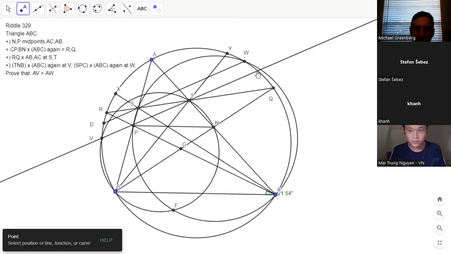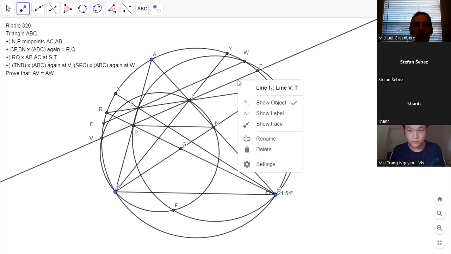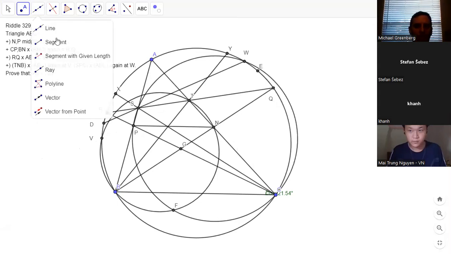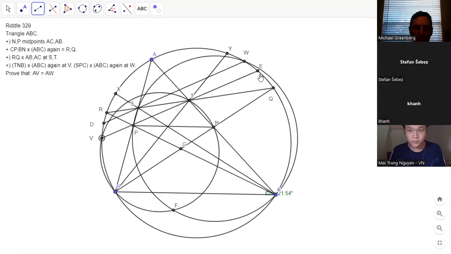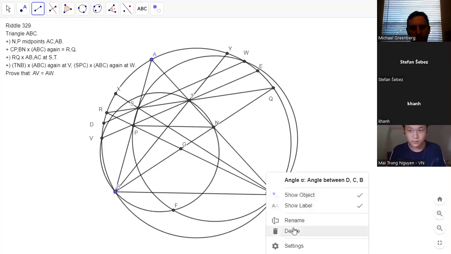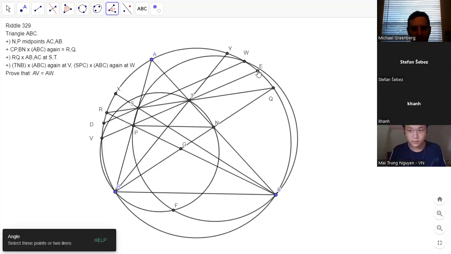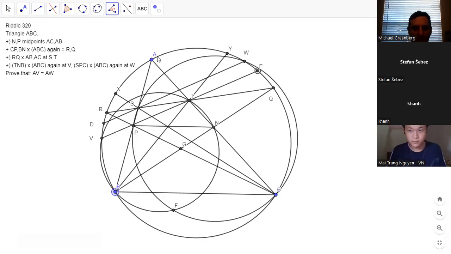So D and E are the two symmedian points. And I can check that. So angle EBA and CBN are equal. Okay. So D and E are the two intersections of the symmedians.